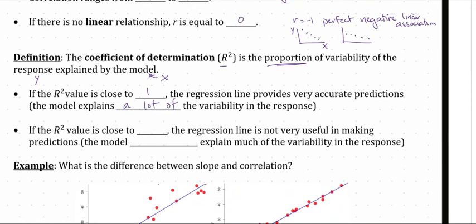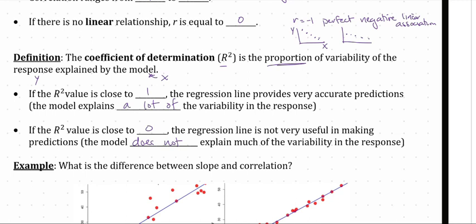If the r squared value is close to 0, however, the regression line is not very useful in making predictions, and the model does not explain much of the variability in the response. So we have some sort of related ideas. If the correlation coefficient is close to +1 or -1, we have a strong linear association, either positive or negative, and that would also tell us that the r squared value is close to 1, providing pretty accurate predictions.